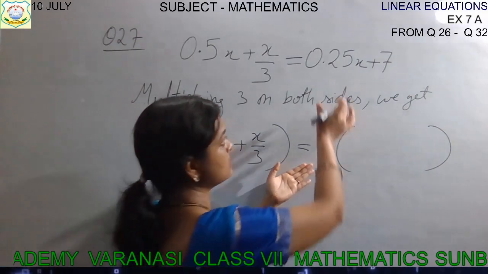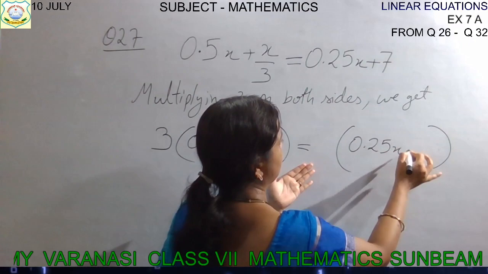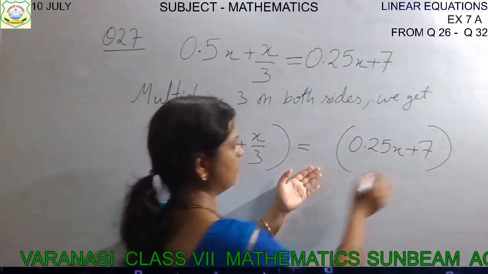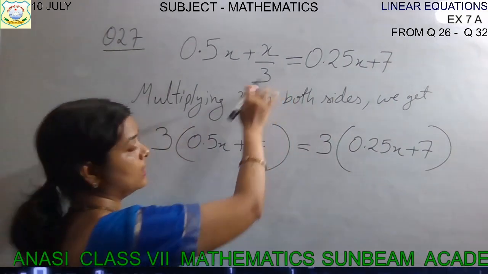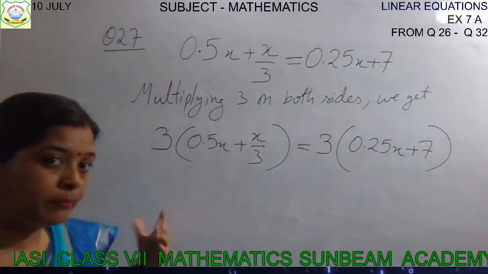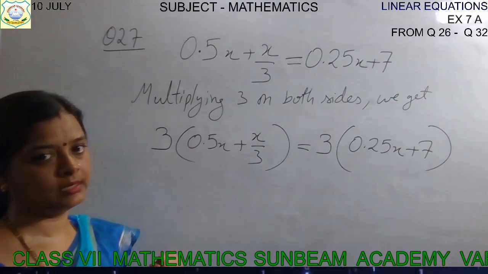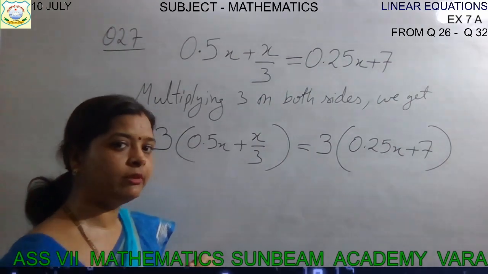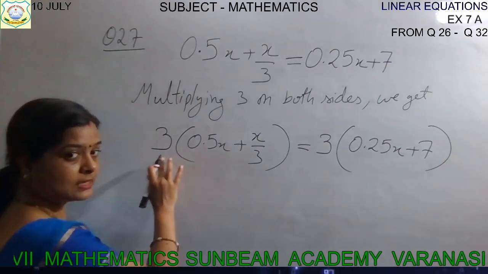What is RHS? 0.25x plus 7. And by which number will we multiply it? By 3, because 3 is the denominator. By doing so, we can remove the denominator, and then our equation will be in simpler form. Okay, so let's multiply.